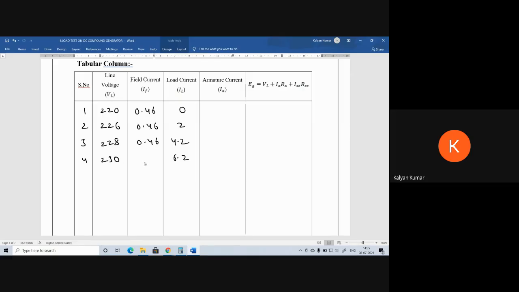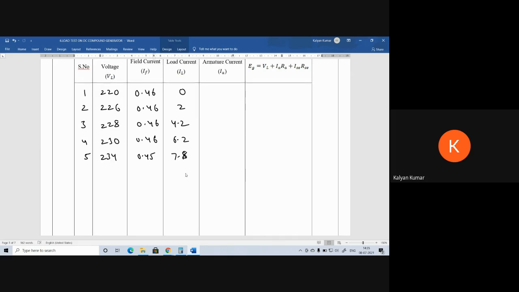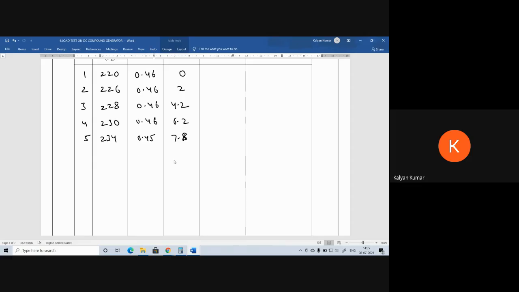Field current is 0.46. Another reading at 7.8 amps. Field current is 0.45. Voltage is 234. Next, one more reading, 9.8. Field current is 0.45. Voltage is 234.